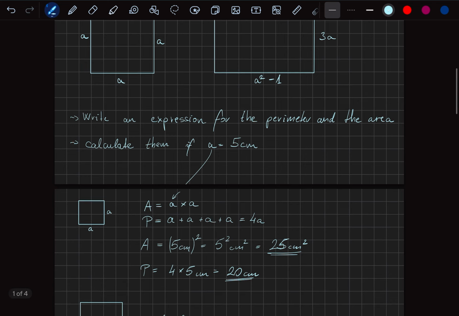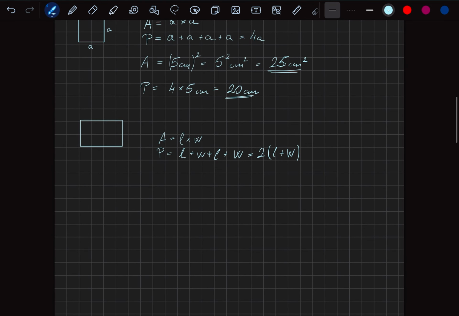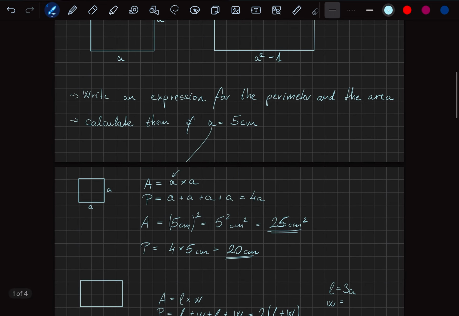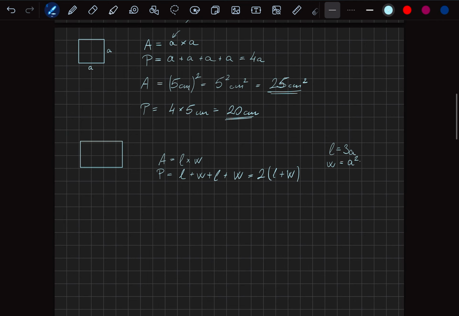So first the L equals 3a and the height equals a squared minus 1. So the L equals 3 times 5 centimeter, 15 centimeter.